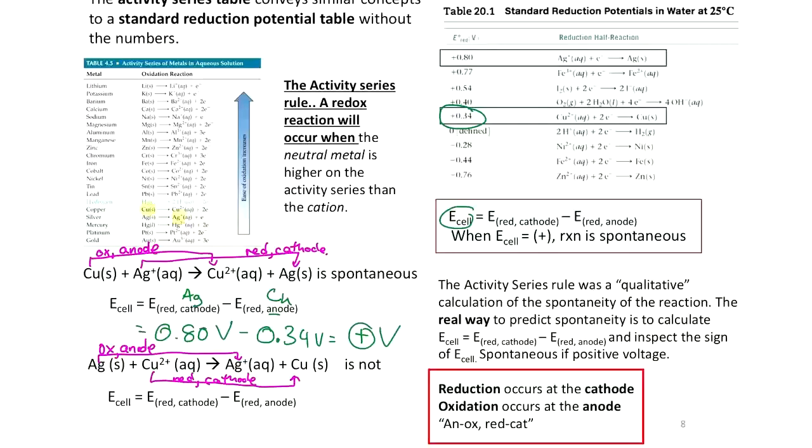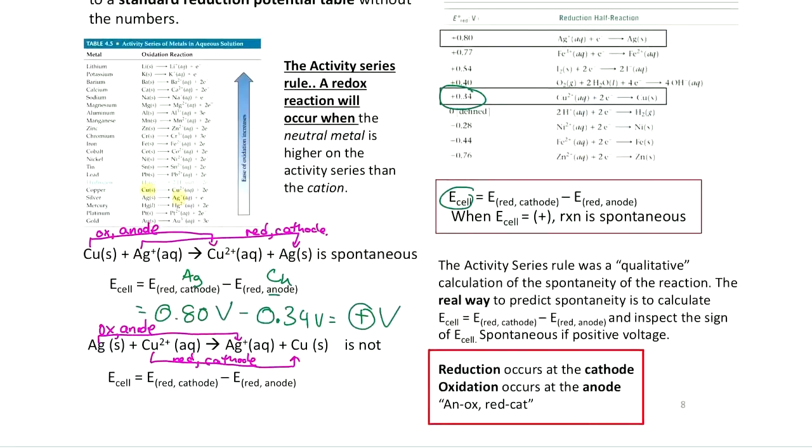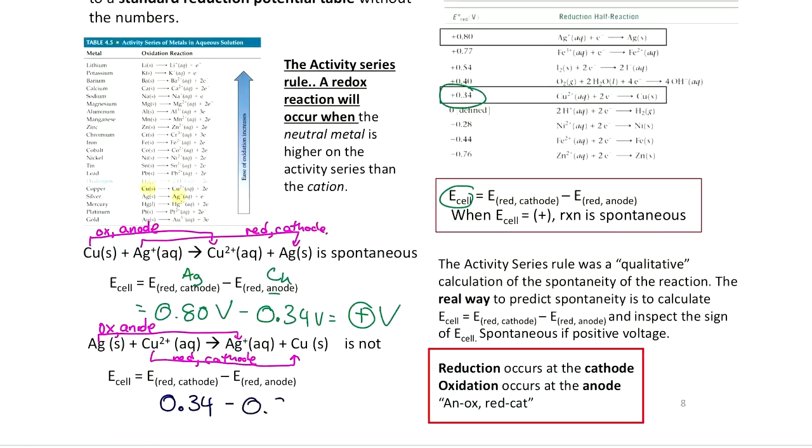So we need to make sure that we do the subtraction in the right order as written in this reaction in the forward direction. We take the reduction potential of the cathode, copper, 0.34, minus the reduction potential of the anode, which we identified as silver, so minus 0.80. So yes, we in fact get a negative voltage.